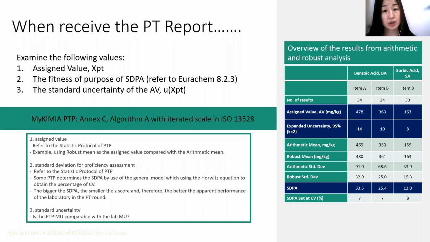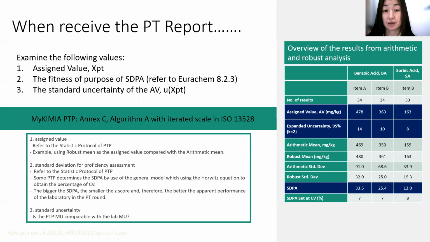For the assigned value, we refer to the statistical protocol of the PT provider, which states what method is used by the provider to declare the assigned value. For MyChemia PTP, they use the robust mean as the assigned value.